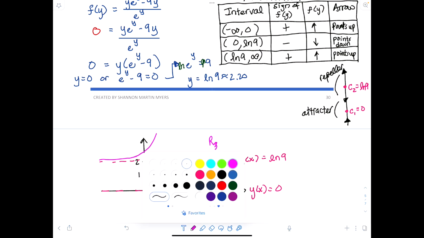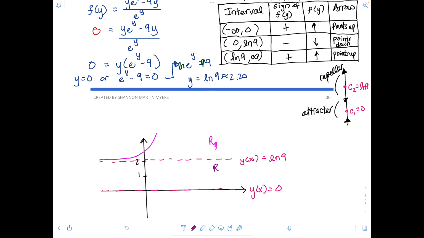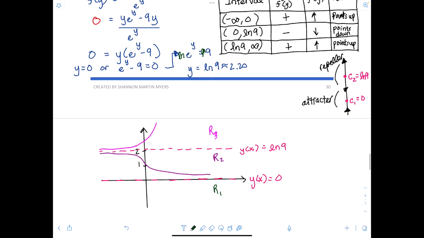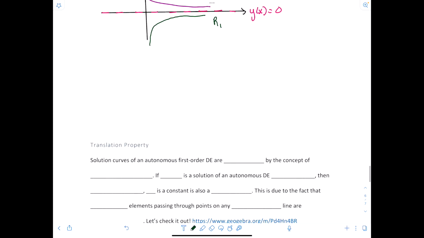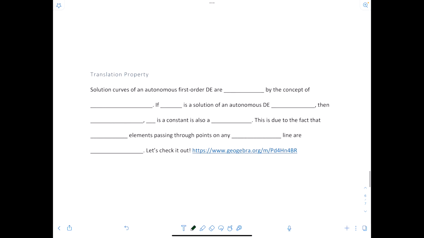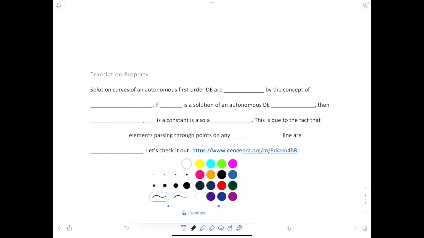And then if we called this one region 2, well, it's decreasing in region 2, so it could look something like that. And then in region 1, it could look something like this. It's being attracted, remember, to that point. Pretty cool, right? All right, so now looking at a translation property, and we'll be finishing up here soon.